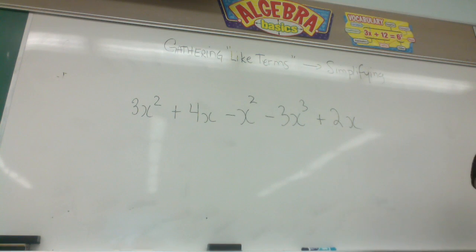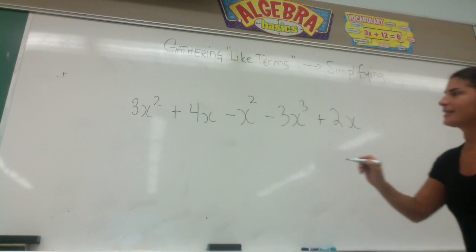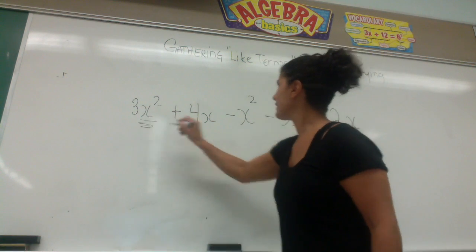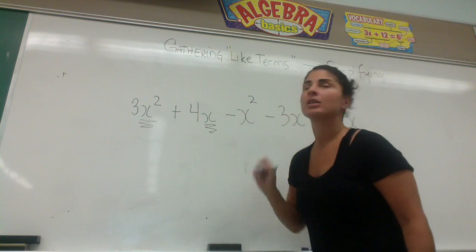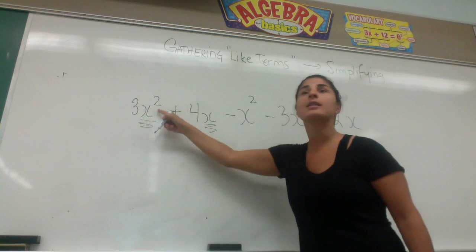Now remember the happy faces. I know that you were like, hey, why are we doing happy faces? Because I want you to realize that the happy faces were there to guide you to recognize that they have to be the same. Is this the same as this? No. 2 eyes, 1 eye.